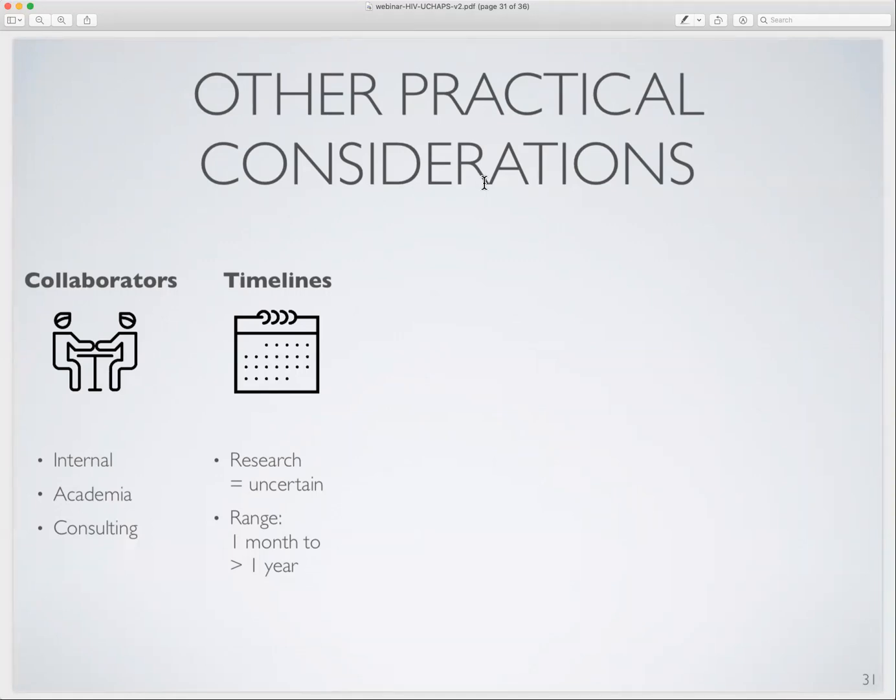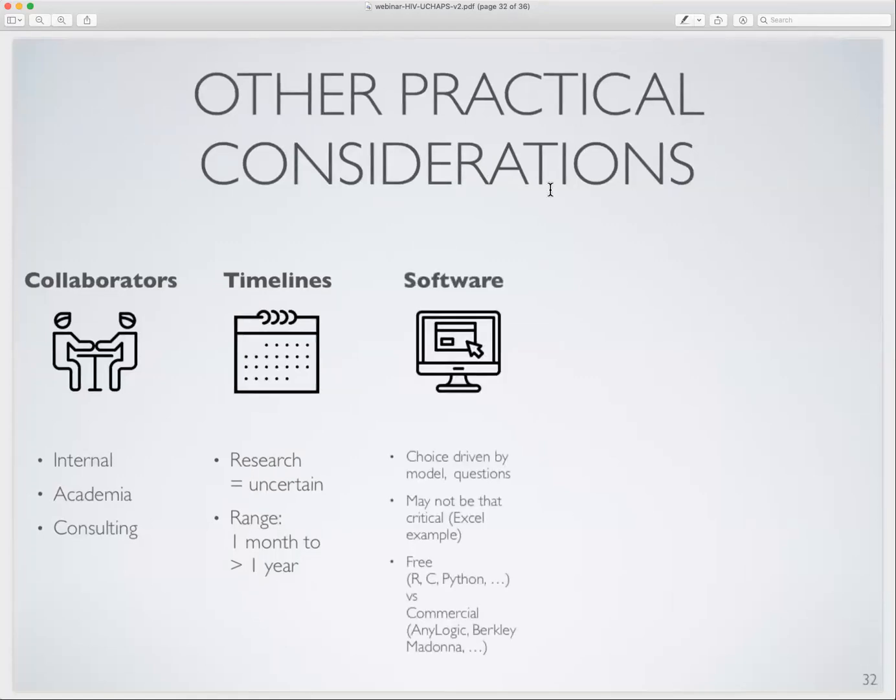So timing may be uncertain. However, I would say that the typical range is between a month, which is relatively short, to a year. But again, it really depends on the questions, on the data available, and the type of collaborators you are going to work with.